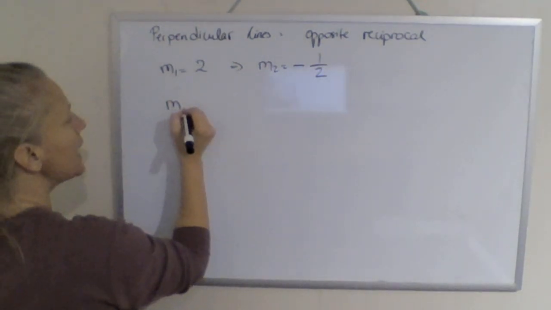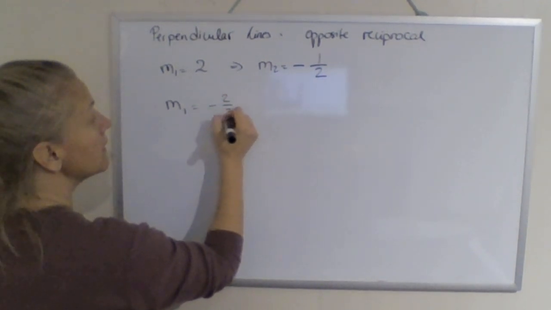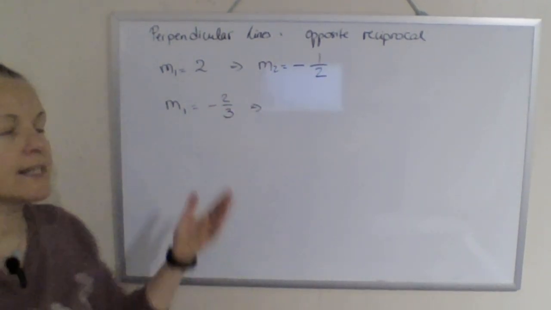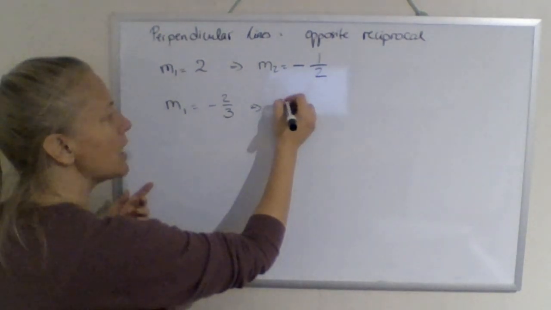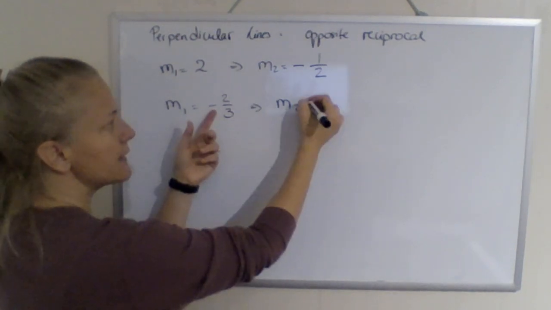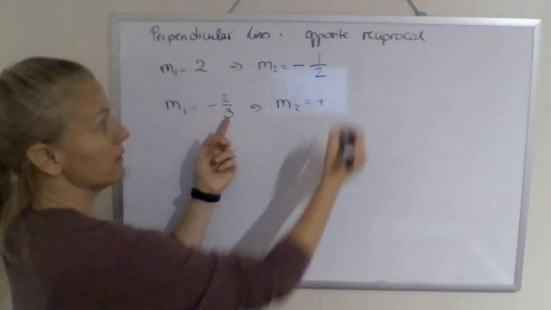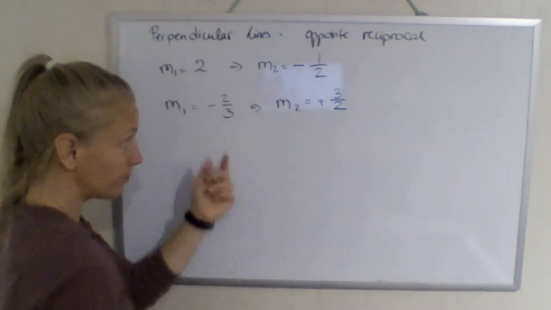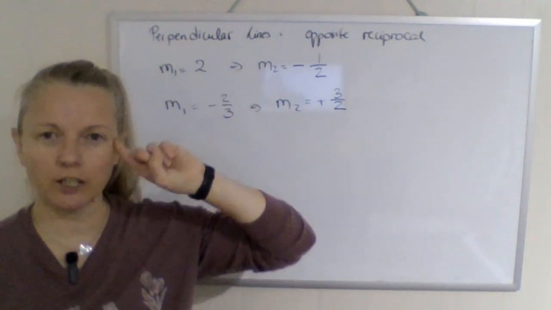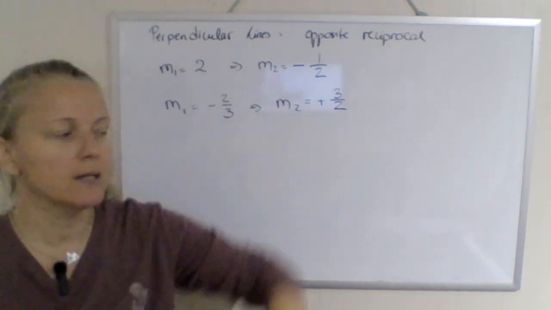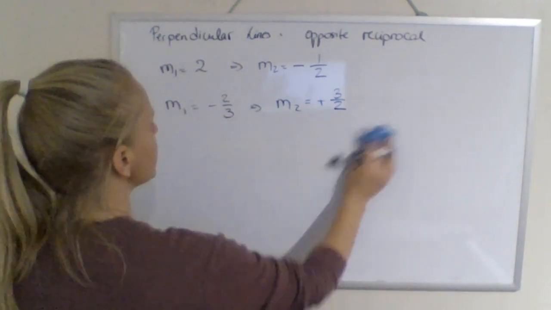If the first slope is negative 2 over 3, and I'm asking you what is the slope of a line perpendicular to this line, then my second slope would be the opposite, which makes it a positive. You can write the plus or not write the plus. Reciprocal, 3 over 2. So every time you think of perpendicular, you think about I need to change the sign of the first slope and I need to flip that number. And so we have problems like this.